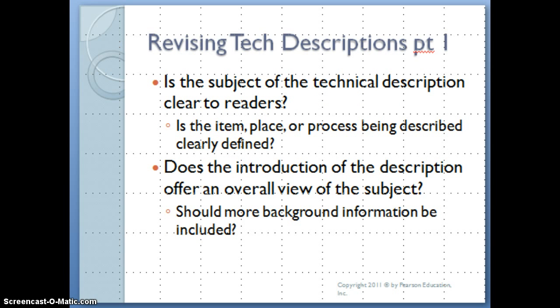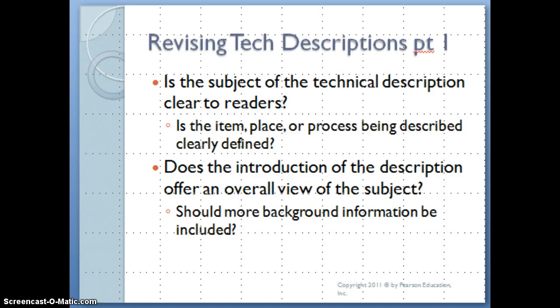Next, is the subject of the technical description clear to the readers? Is the item, place, or process being described clearly defined? Okay, so that goes back to the previous slide. Does the introduction of the description offer an overall view of the subject? Should more background information be included, or do you have too much detail? Remember, you only have a 2-page limit.